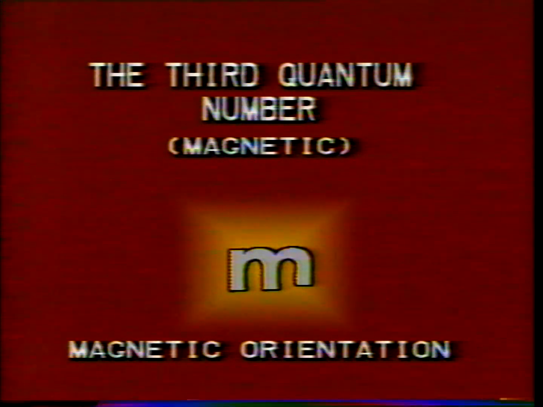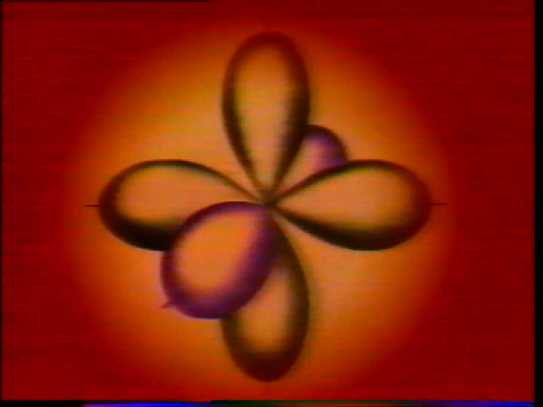M, or M sub L, is the third quantum number. It is called the magnetic quantum number. It designates the orientation of the electron cloud in space and also determines the number of places that electron clouds may be placed. As an example, when L is equal to 1, M may be minus 1, 0, and plus 1.